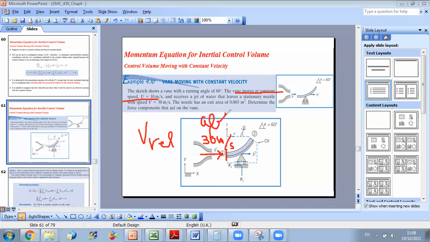When we say absolute يعني measured with respect to the fixed frame. The fixed frame هو big X big Y. okay و the moving frame هو small x small y.